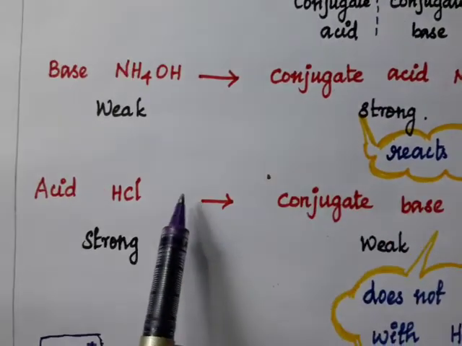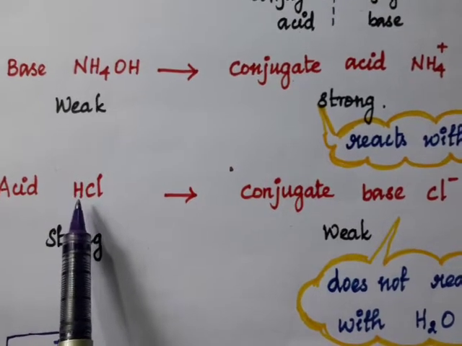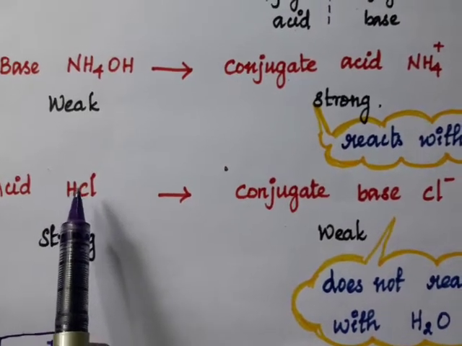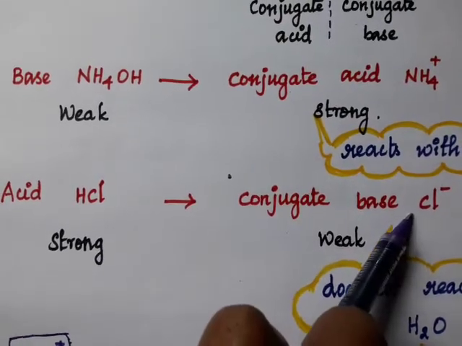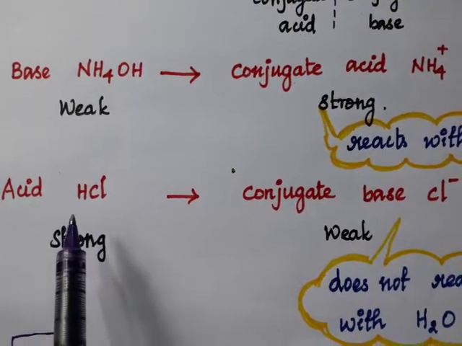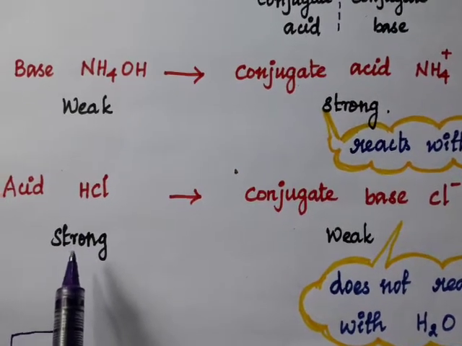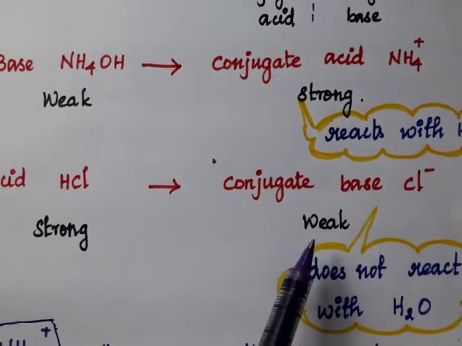And in the next point, we have taken an acid. The acid is HCl, hydrochloric acid, and the conjugate base of this acid is Cl minus. And as we all know, hydrochloric acid is a strong acid. If the acid is strong, then the conjugate base will be weak.